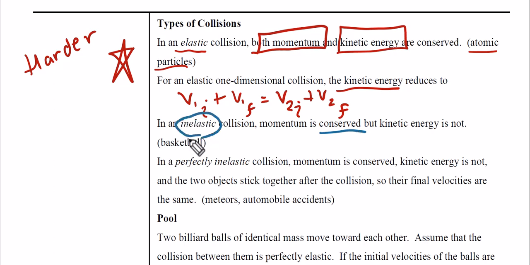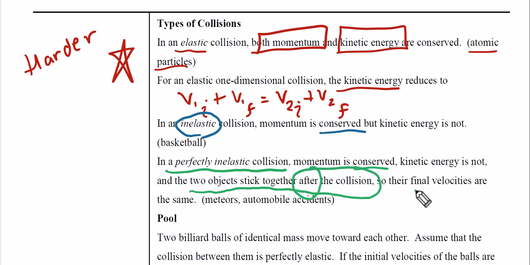Okay. There is a very special case, which is called perfectly inelastic collisions. And this is a special case of inelastic, right? Momentum is conserved, but kinetic energy is not. Check. However, the two objects stick together after the collision. And this is convenient because if they stick together after the collision, they have the same final velocity because they're one big chunk. Okay?